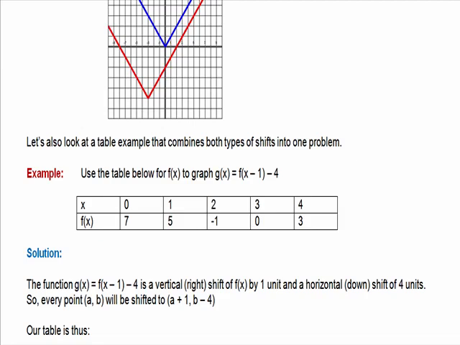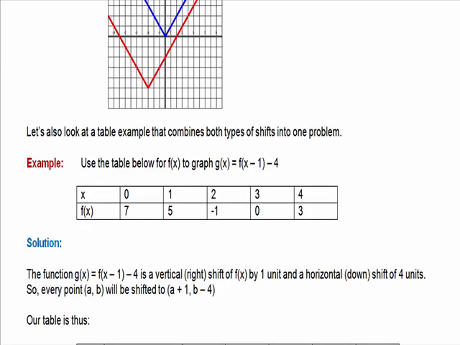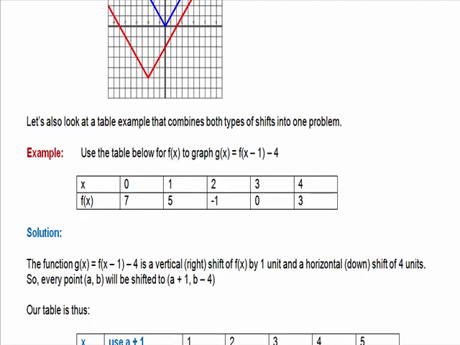By the way, one of the points that I haven't made that I probably should, you'll notice I always do the left-right shifts before I do the up-down shifts, because I always do what's in the parentheses first, obeying the order of operations. So right shift first, downshift second. But now a right shift of 1 unit means I'm going to add 1 to the x's.